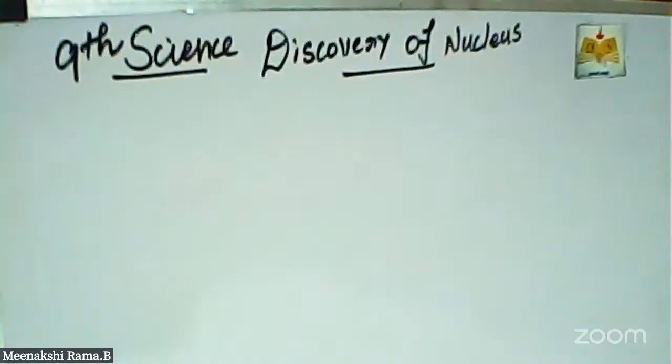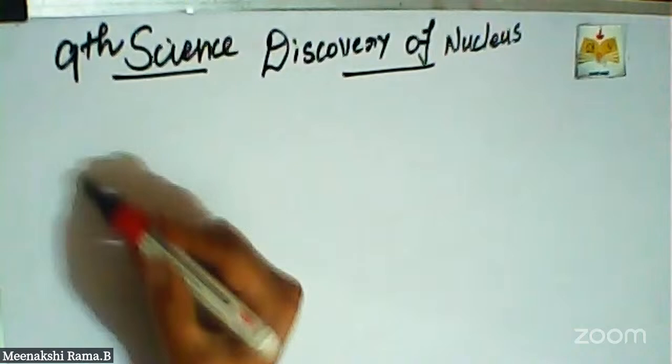Good evening, children. Ninth standard science, chemistry part, atomic structure lesson. Today we are going to learn some topics about the discovery of nucleus, that is alpha particles, and then the postulates of Rutherford's atomic model and Bohr atomic models. First, we are going to learn the concept of discovery of nucleus.